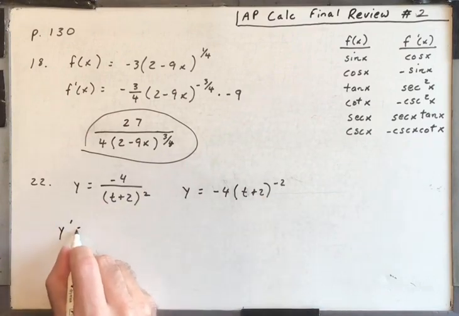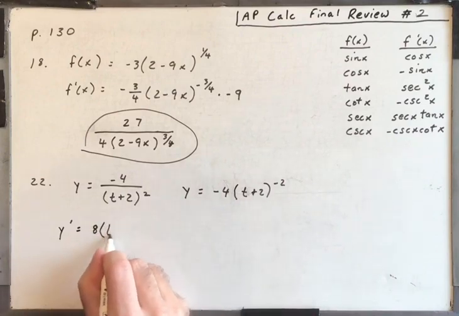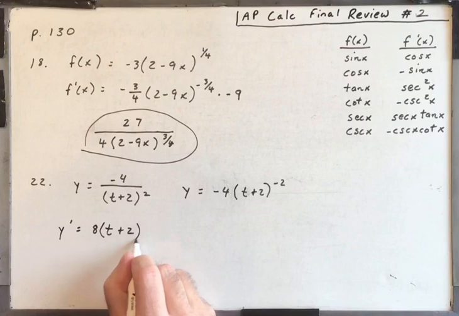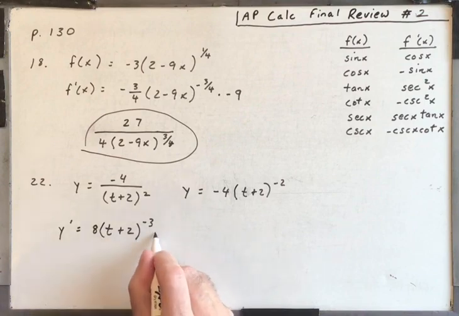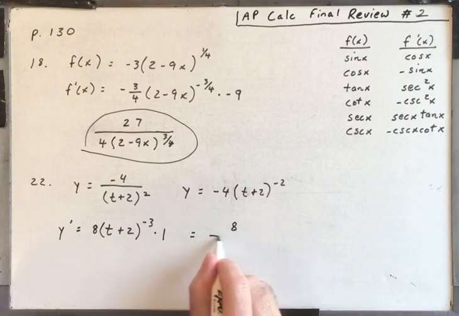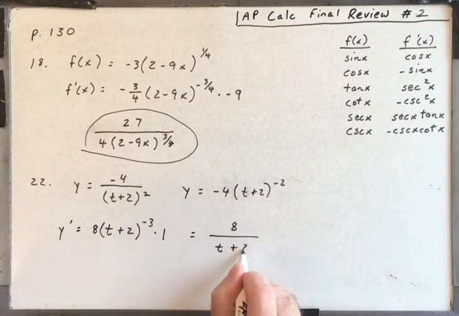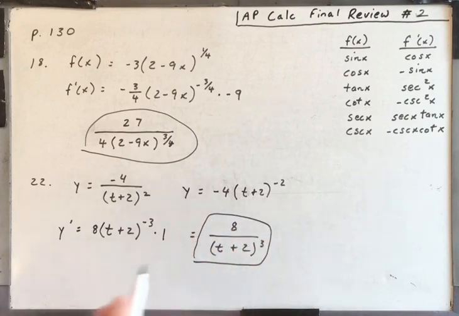So y prime is equal to negative 2 times negative 4 is 8 times t plus 2 to the negative 3 times the derivative of the block. Well, that's just 1. I'll go ahead and write it. And that is 8 over t plus 2 all cubed. All right, so we're moving right along. We'll go to 26. Pause if you need to.